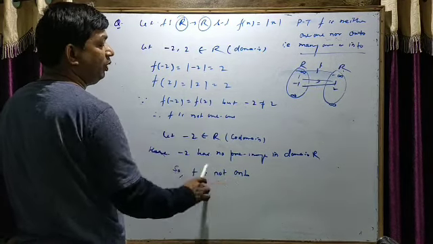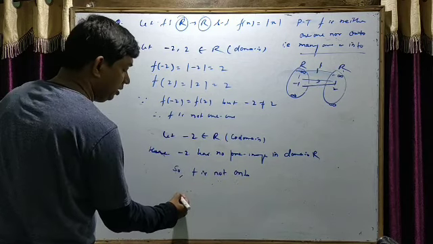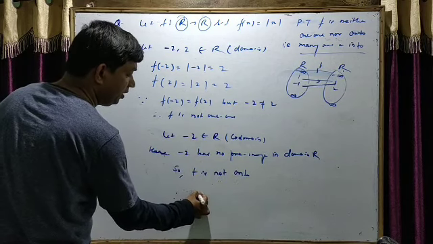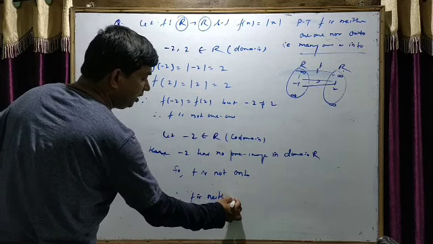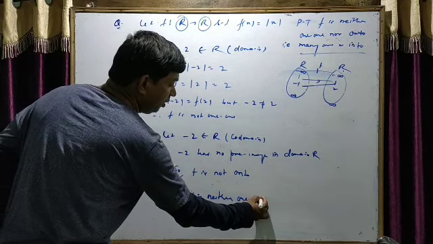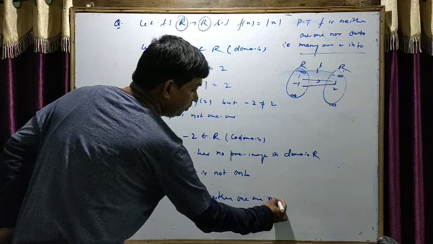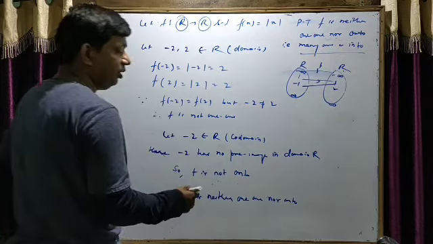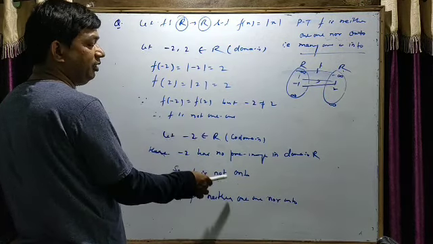Not one-one, not onto. That means therefore f is neither one-one nor onto, we can say. And if it is many-one, then it is into. Neither one-one is the same case as many-one into.